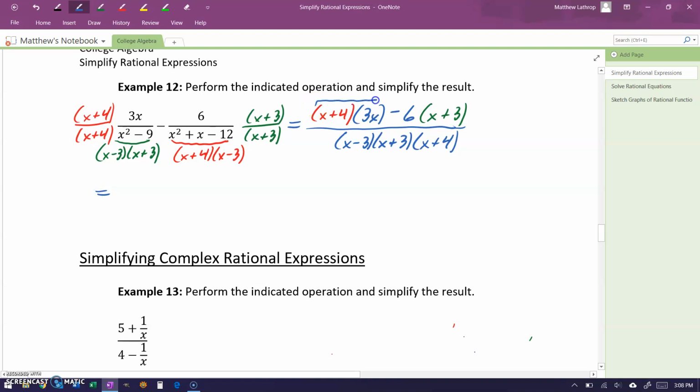We'll distribute through in the first half, the first term of our numerator, to get 3x squared plus 12x. And then we'll distribute through in the second half to get 6x plus 18, all of that over still that common denominator.